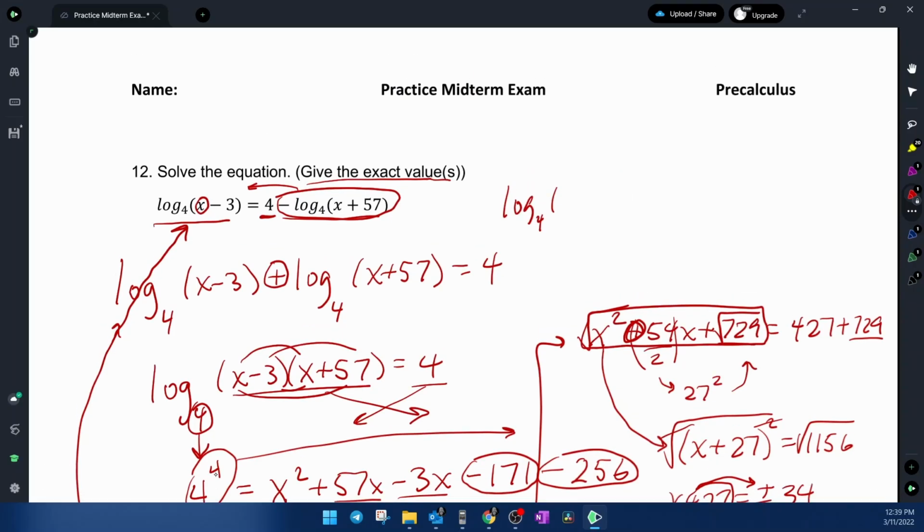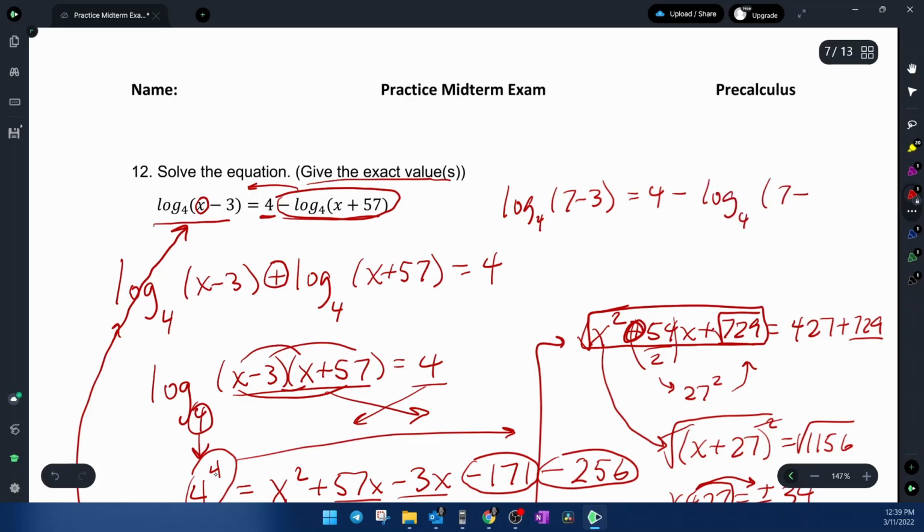Checking the 7: log base 4 of 7 minus 3 equals 4 minus log base 4 of 7 plus 57. 7 minus 3 is 4.